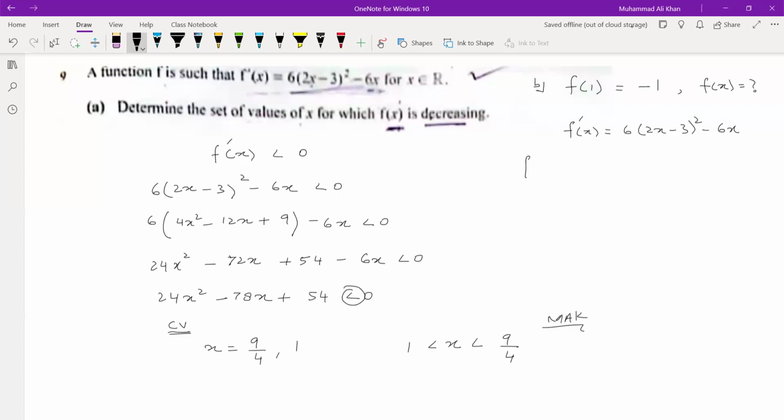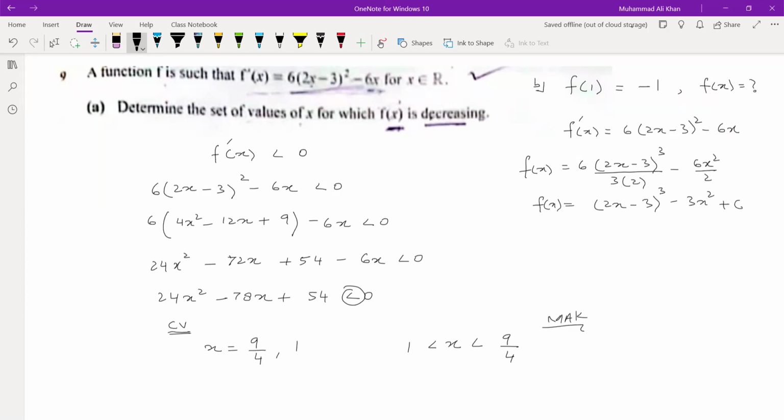After the integration, the f(x) will be 6 times (2x minus 3) whole power 3 upon 3, divided by the derivative of the base, minus 6x squared by 2. So it will be (2x minus 3) whole cube minus 3x squared plus c.